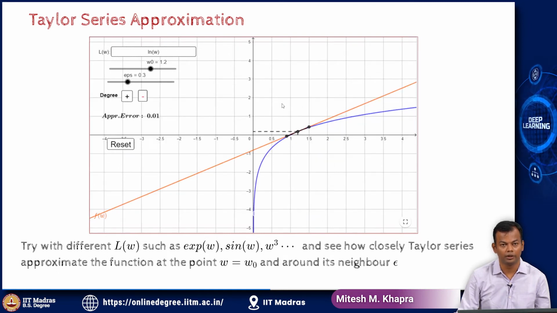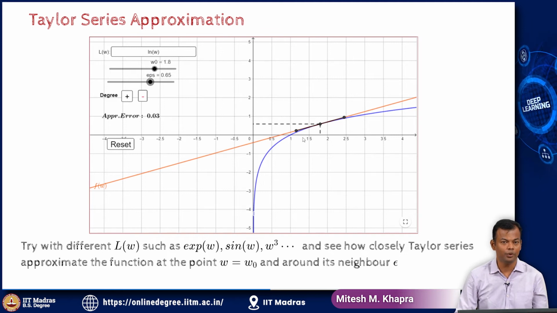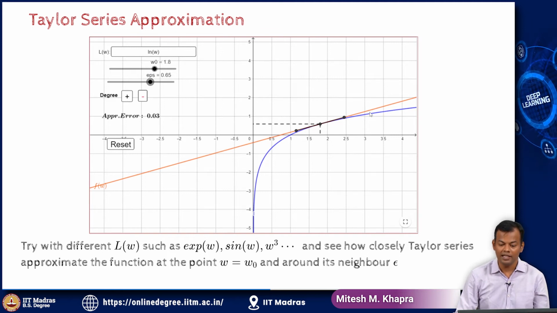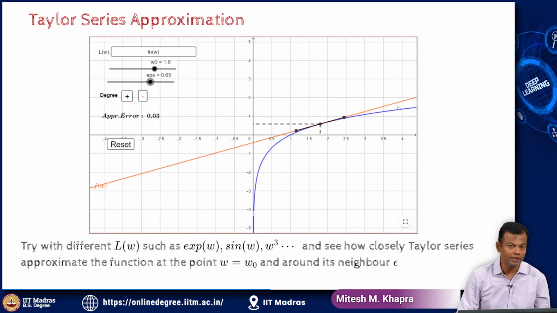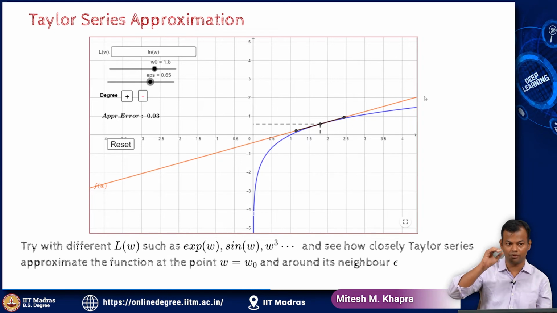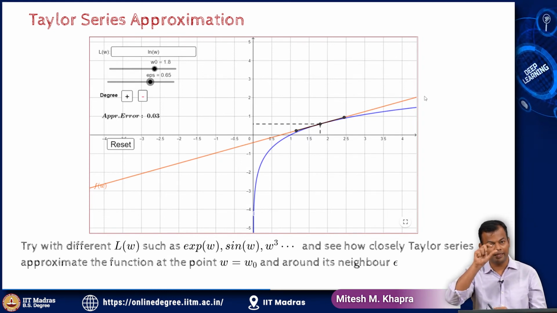Now I'm just going to increase the neighborhood. Even with this increase in neighborhood, the orange line still seems to be a very good approximation of the blue curve. And why is that happening? Because the slope in that region is quite less. So my delta or my m is very less, and that's helping.